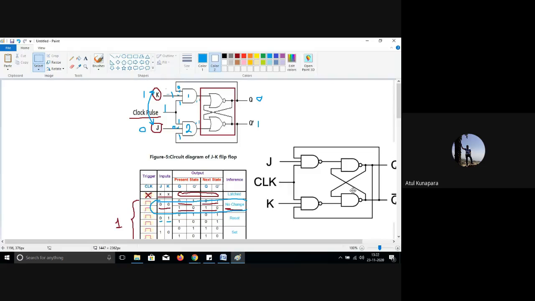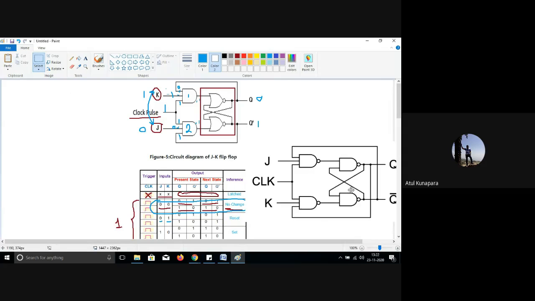Here something changes in the connection. Yeah, J is coming here on the upside, K is here on the downside, right? And Q bar, they are connected here with cross connections. Right? Q bar is taken from here. So that is a change. So you understand this connection change here.